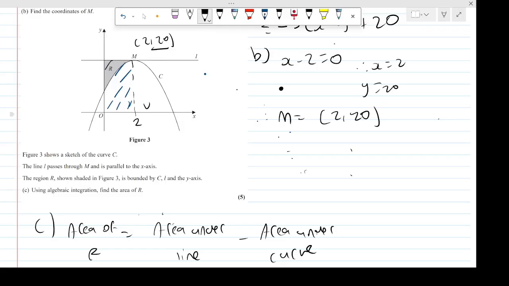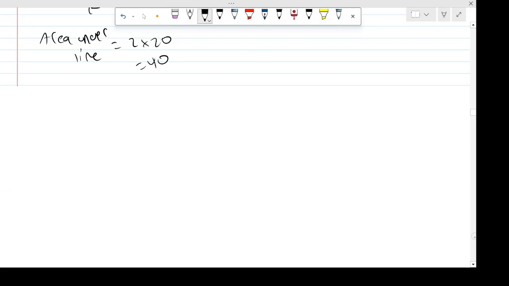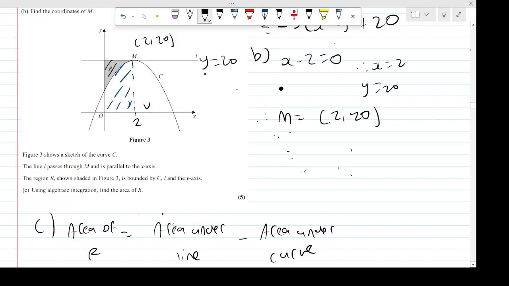Integration is still possible, because actually the line, what's the equation? It's a flat line, so that means y is equal to 20. Okay, y is 20 because obviously that's when m is 20. Well, if y is equal to 20, what you could simply do is integrate the line, which is the integral of just 20 dx, right, between x is 0 and x is 2.